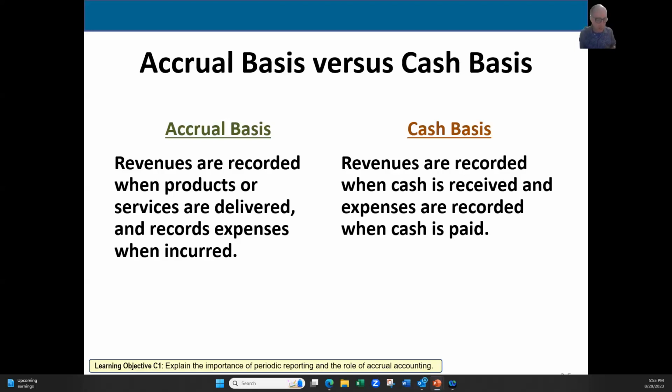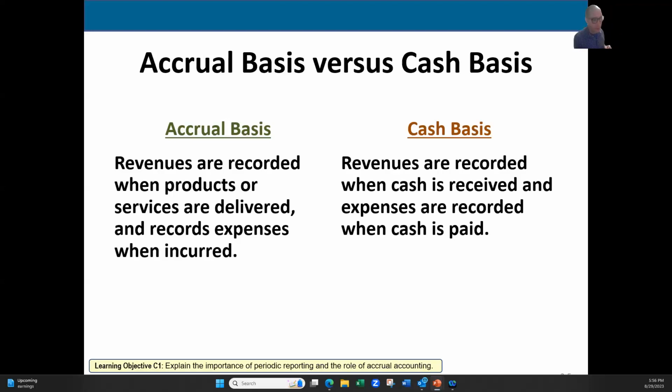Accrual-based accounting utilizes accounts like accounts receivable and accounts payable. Those are what we call accrual accounts. Okay? Accounts receivable and accounts payable.